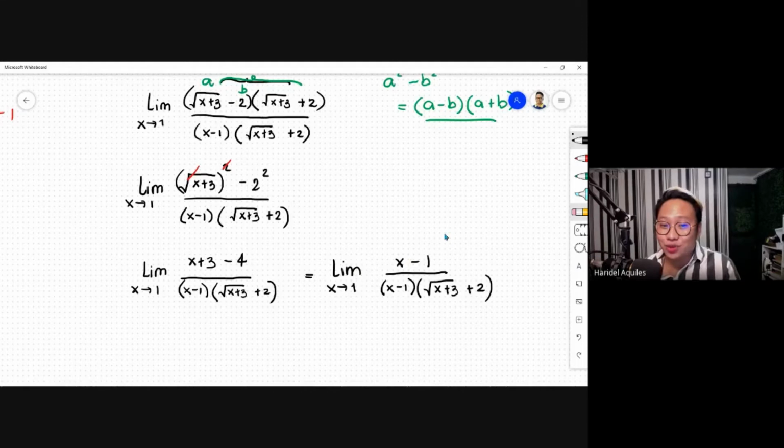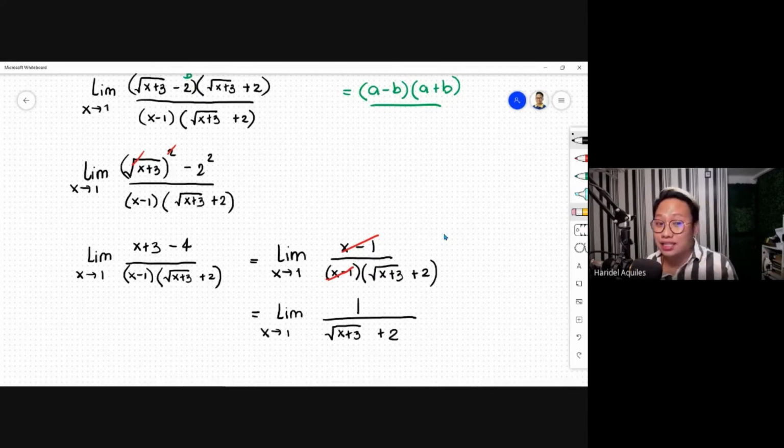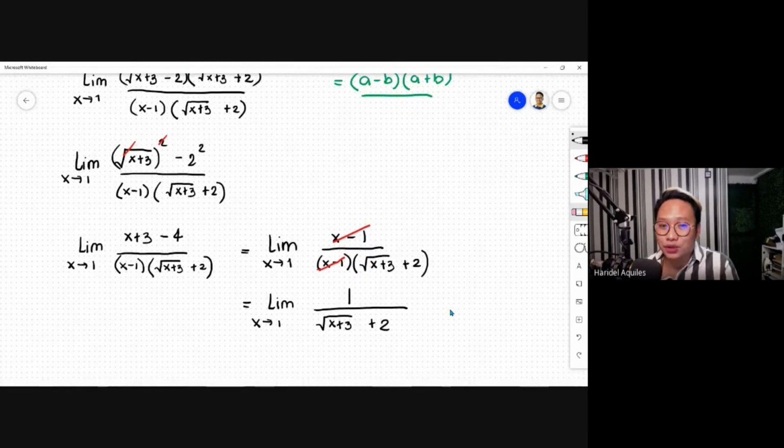In this case, we can now cancel the similar term, x minus 1, from the numerator and the denominator. All right, so this would become limit of 1 over square root of x plus 3 plus 2 as x approaches 1. Now, let's test if we would get a 0 in the denominator by substituting x equals 1.